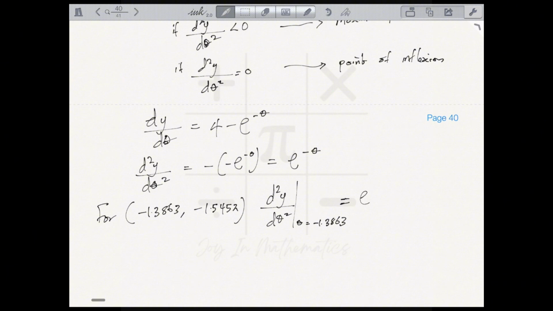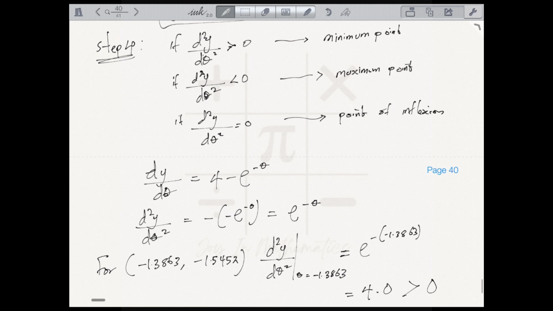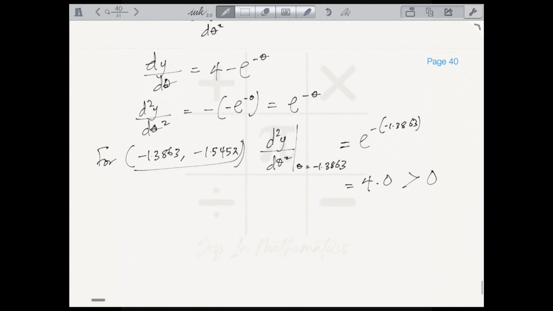It is exponential minus into minus 1.3863, and this is going to give us 4.0, and this is greater than 0, and if it is greater than 0, we have that this point is a minimum point. So we have been able to determine the nature of the curve.